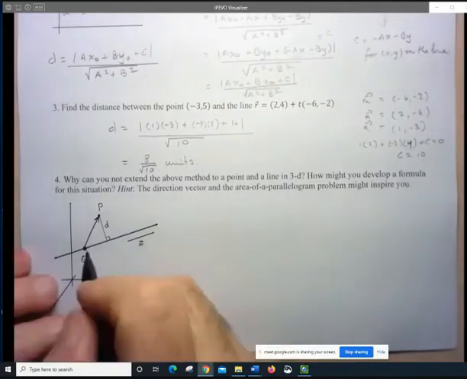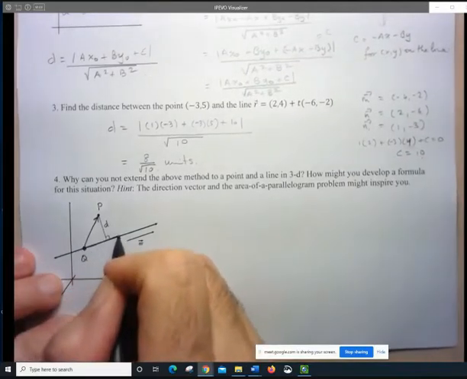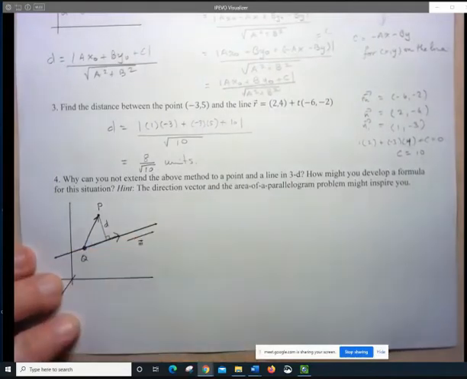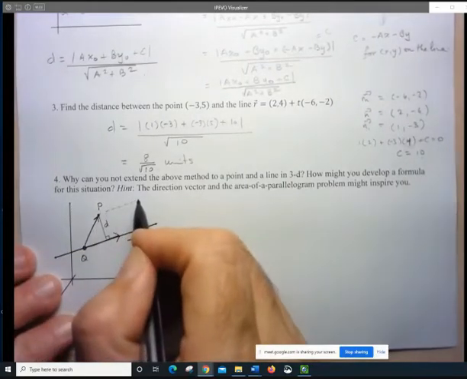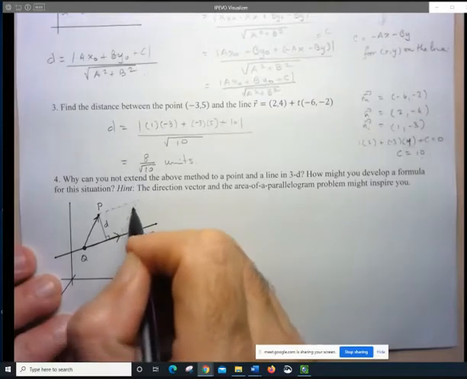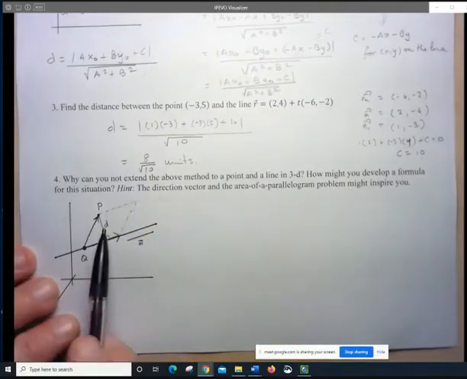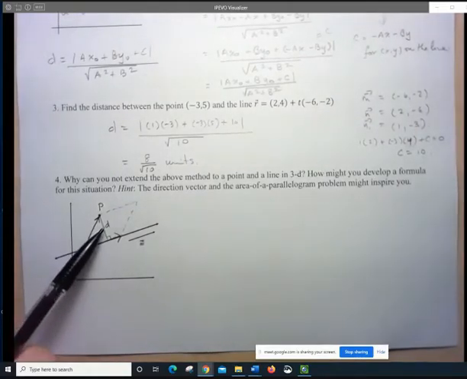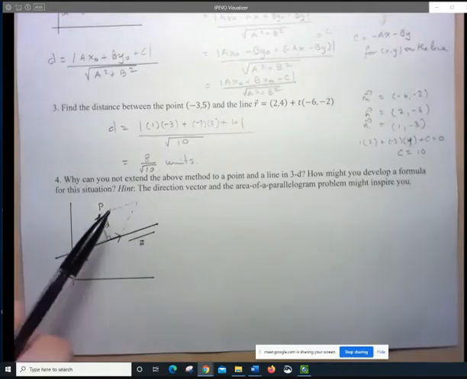Well, what if I also use the vector M, which of course I can take and move anywhere I like. And all of a sudden, I realize that this produces a parallelogram. And what is special about that D value? What does it represent with respect to this parallelogram?